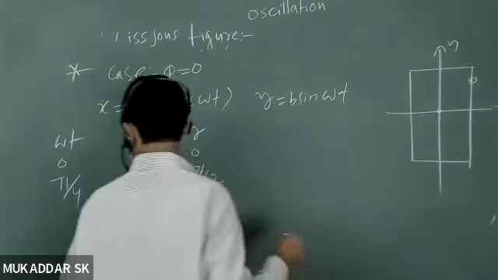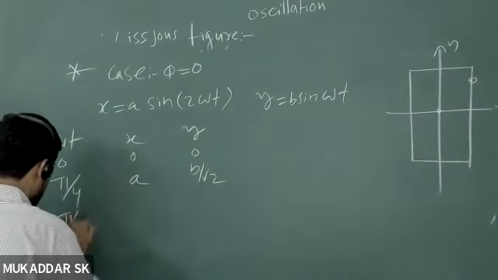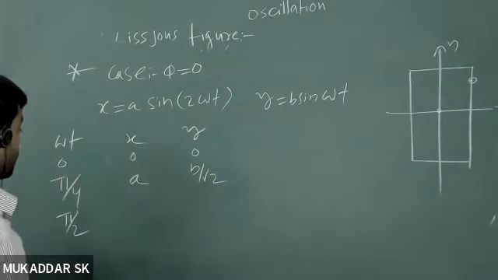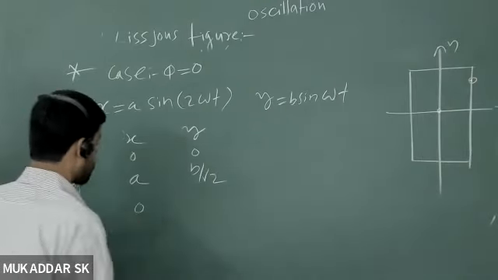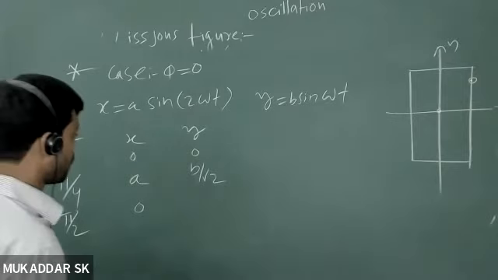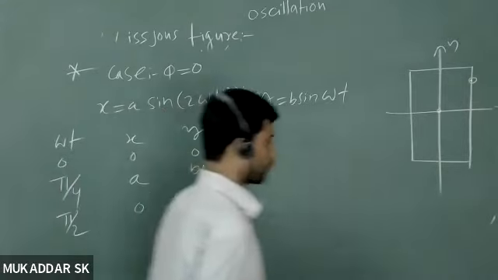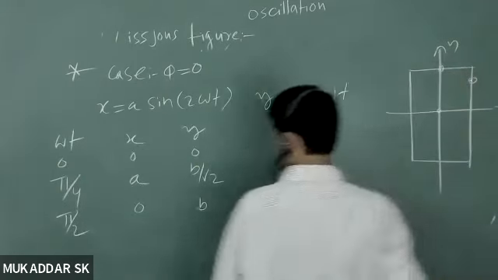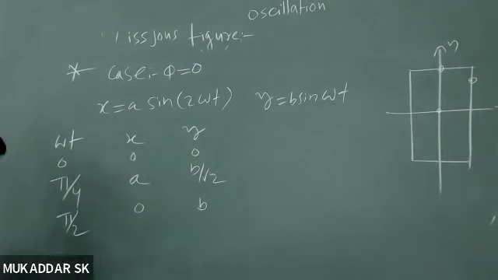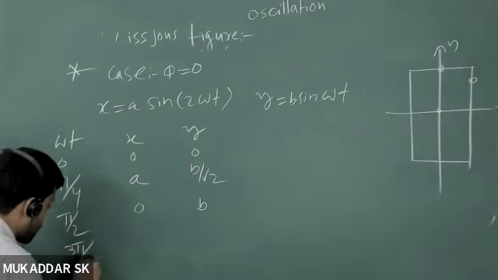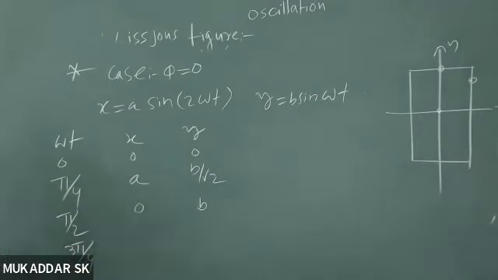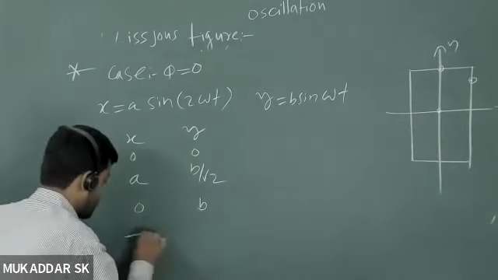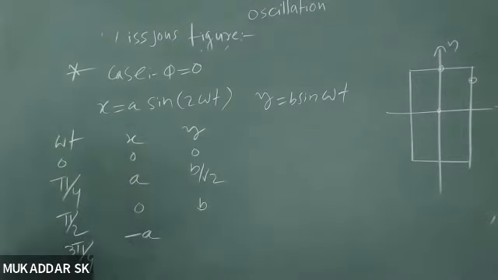Now when omega t equals pi by 2, what will x be now? X will be 0, right? X will be 0, y will be b. The point will be somewhere here: x equals 0, y equals b. Now if you take omega t equals 3 pi by 4, then it will be 3 pi by 2. 3 pi by 2 means what? Minus a. X will become minus a, and y will be b by root 2.